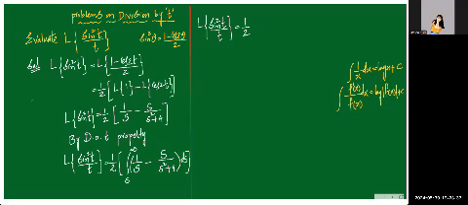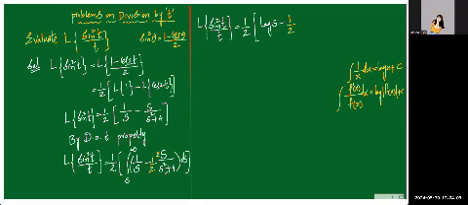This concept we are using here, I'll tell you where. 1 by 2 outside only. Integration of 1 by s is log s. Log s minus. Then for this term, what I want to do here is multiply and divide by 2. Why? What is the reason behind it? 1 by 2, you will get it as it is.